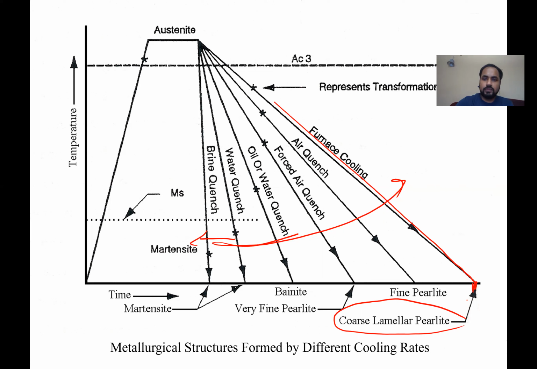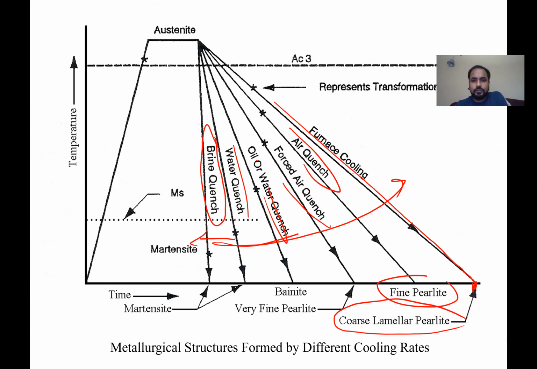When you do, let's say, air cooling, this here says quenching, but it's like air cooling, you can form fine pearlite, a finer size pearlite. You can do forced air cooling as well, where you just use a fan to cool it even further. You can quench it in water, or in oil, or in salt water, which is the brine quench. That gives you even faster cooling.